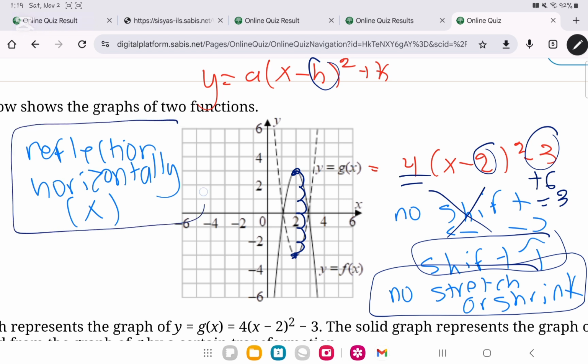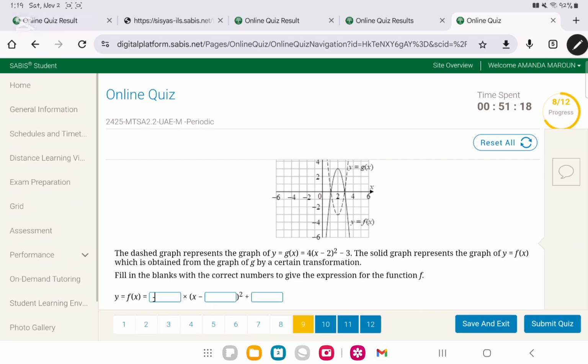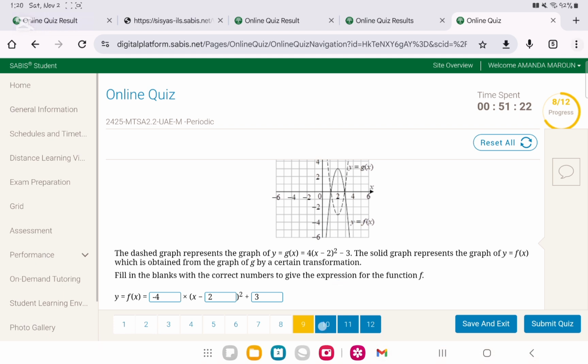Now we have a reflection about the x-axis. That means we are going to put a minus over here. So our new graph becomes f of x equals minus 4 times x minus 2 squared plus 3. So our answer here is minus 4, x minus 2 and x plus 3.